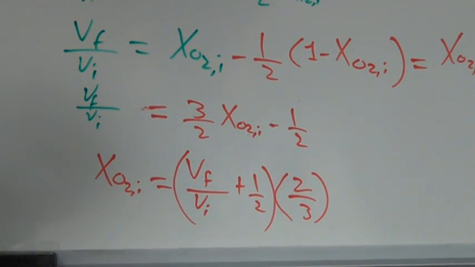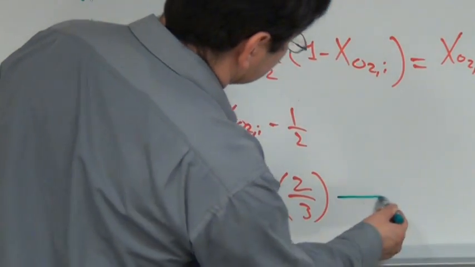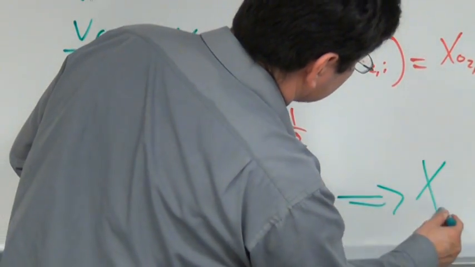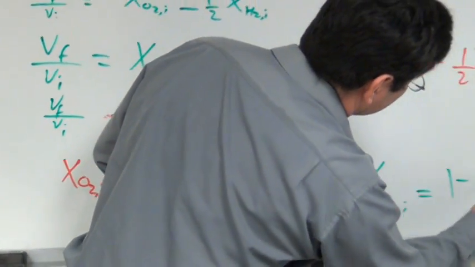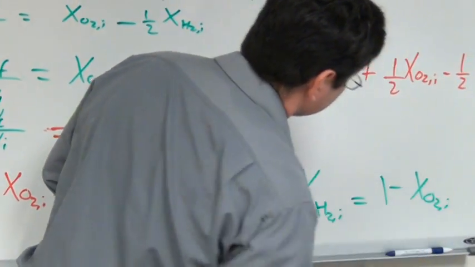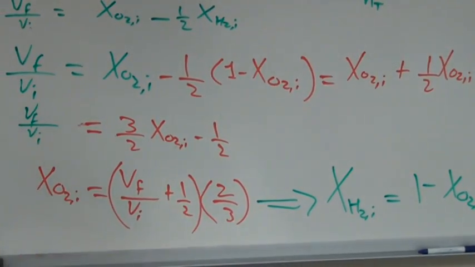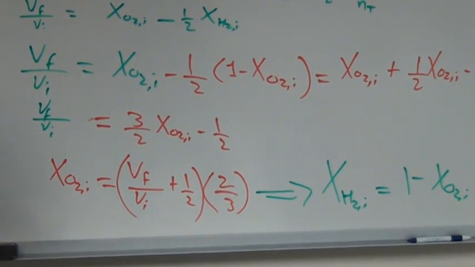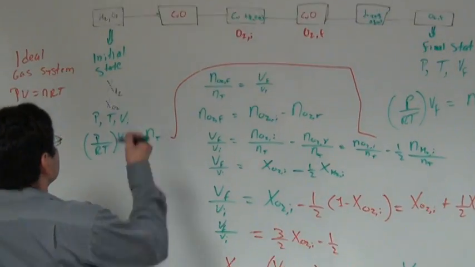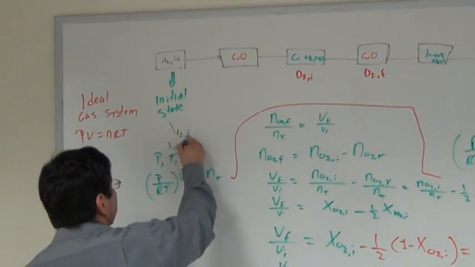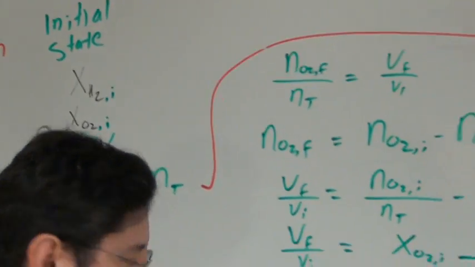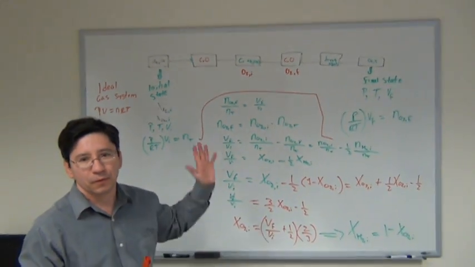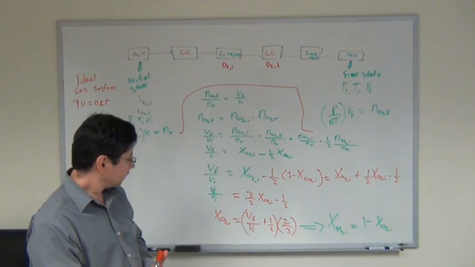So all you need to do is plug those numbers in and realize that x of H2 initial is 1 minus x O2 initial. And then you will have solved the problem here. Right, so you may want to indicate initial and initial now. And that is what you need to do to approach the solving of this problem. Thank you.